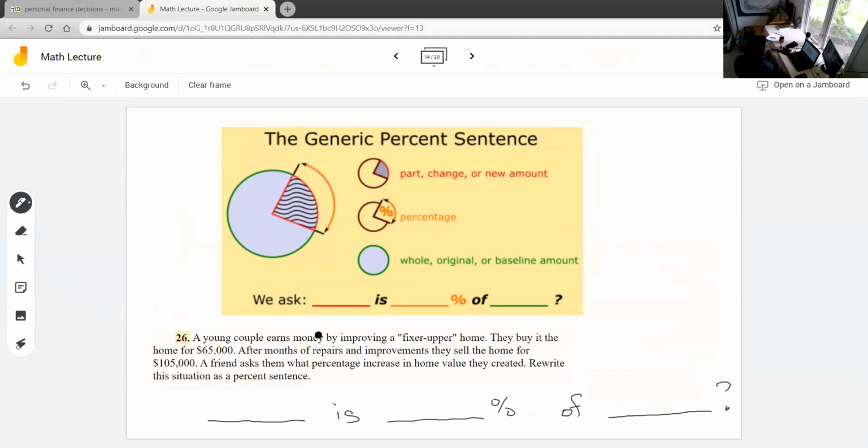A young couple earns money by improving a fixer-upper home. They buy the home for $65,000, and after months of repairs and improvements, they sell it for $105,000. A friend asked them what percent increase in home value they created. So which numbers or word what goes in which of my Mad Libs blanks?